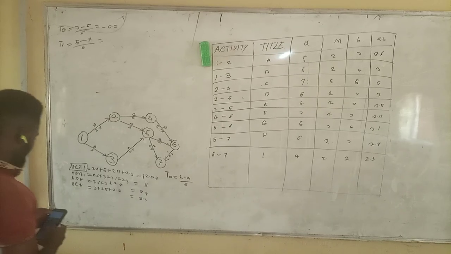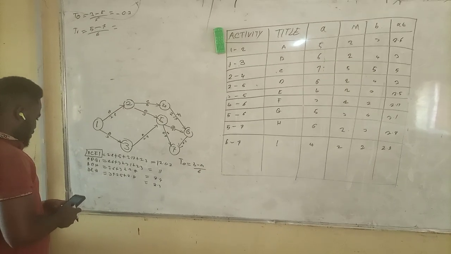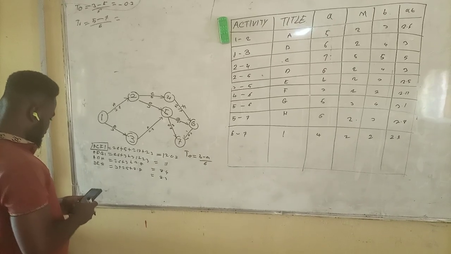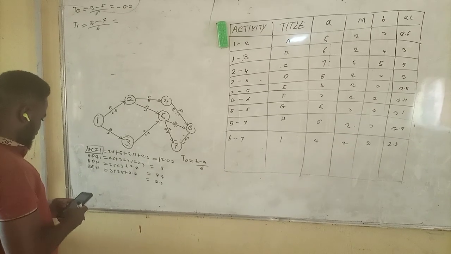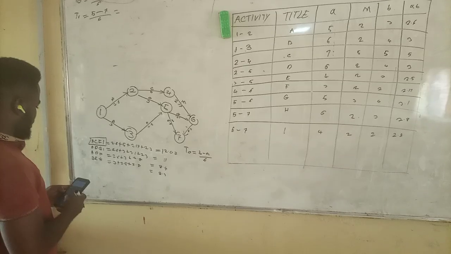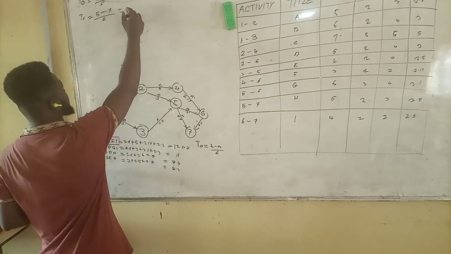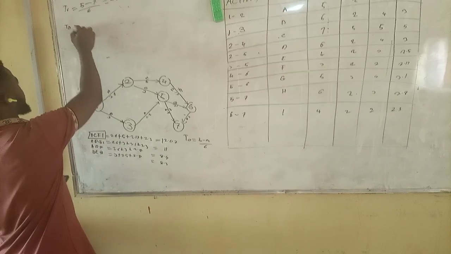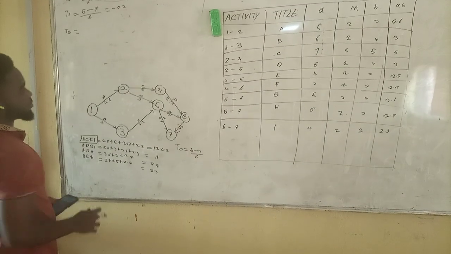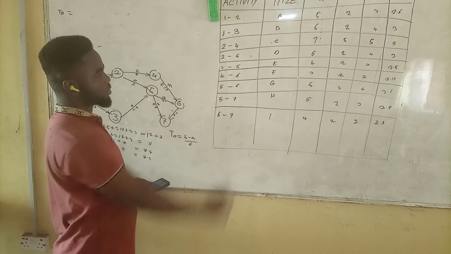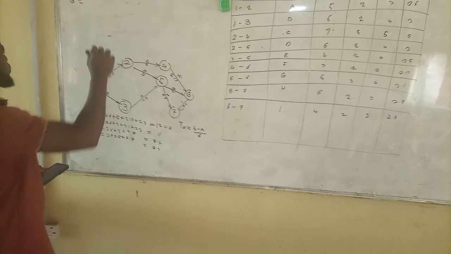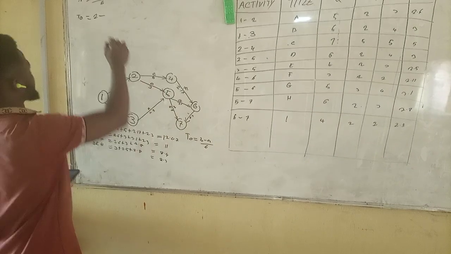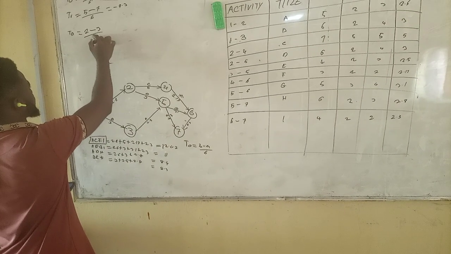So you do 5 minus 7, that will give you minus 0.33. TE for F, which is like 2.17, our B there is 2. 2 minus 3 all over 6 equals to.